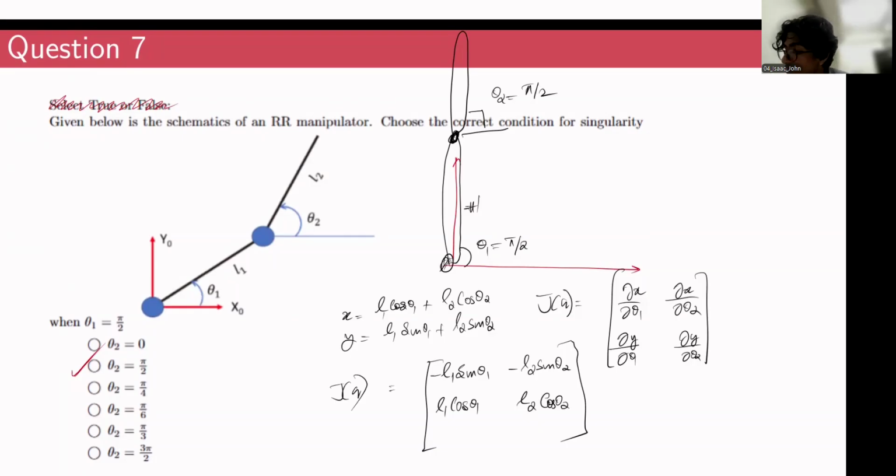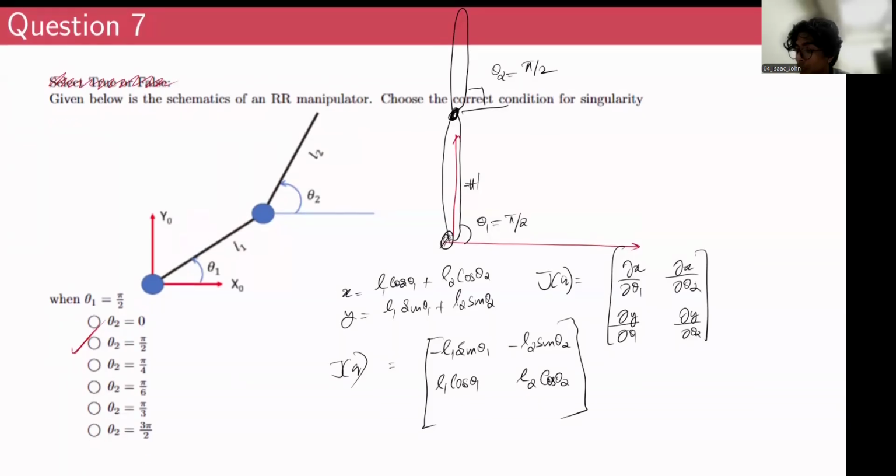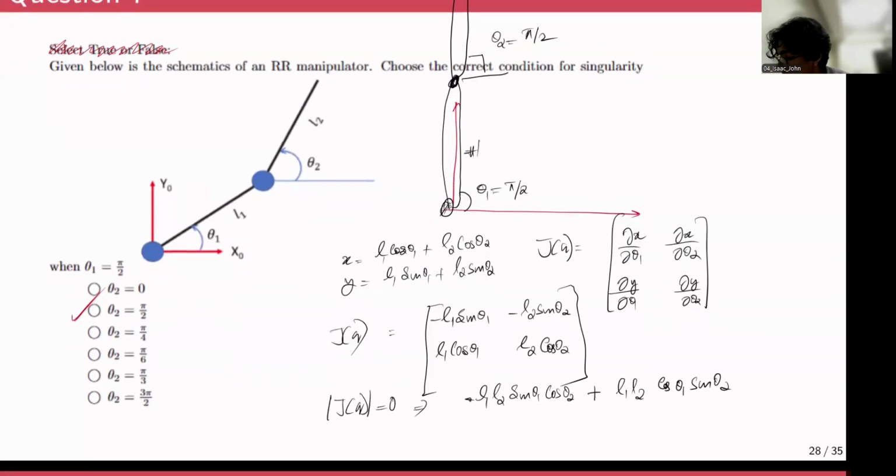At a singular configuration, the determinant of the Jacobian becomes 0. So if you consider the determinant of the Jacobian to be 0, you will get minus L1 L2 sin theta 1 cos theta 2 plus L1 L2 cos theta 1 sin theta 2.